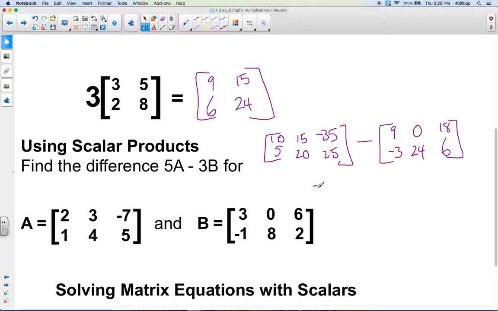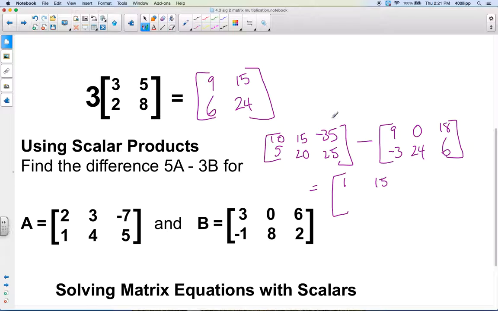So now we know that these are both 2 by 3. It's a dimension of 2 by 3. There are 2 rows and there are 3 columns for both of these matrices. So we're going to subtract the corresponding elements. 10 minus 9 is a 1. 15 minus 0 is a 15.